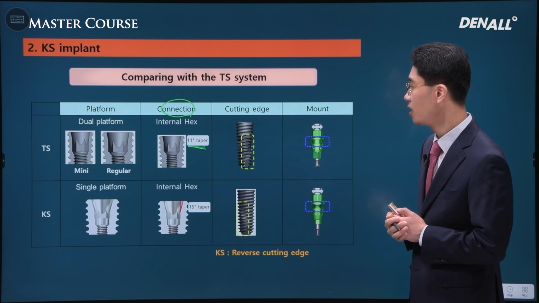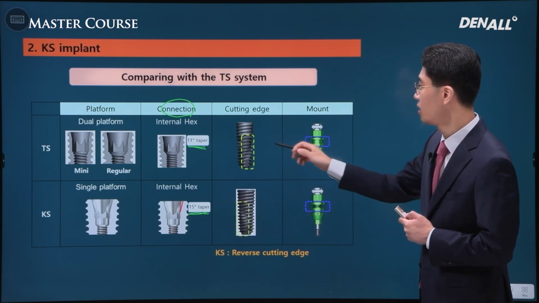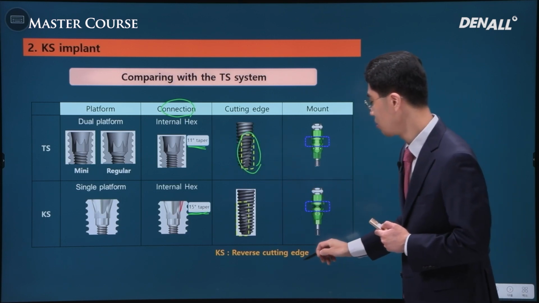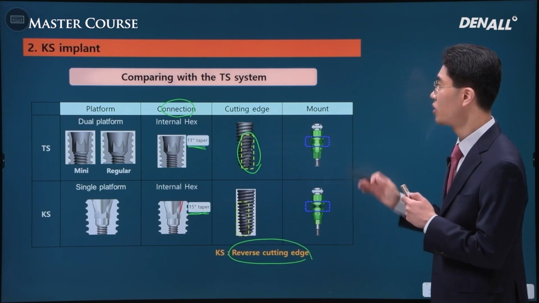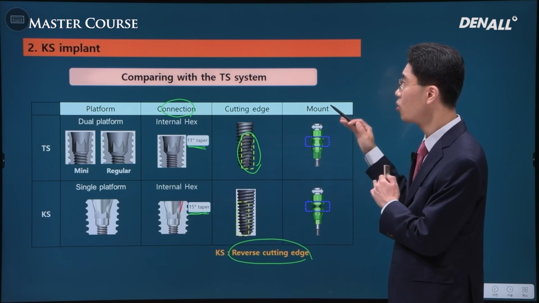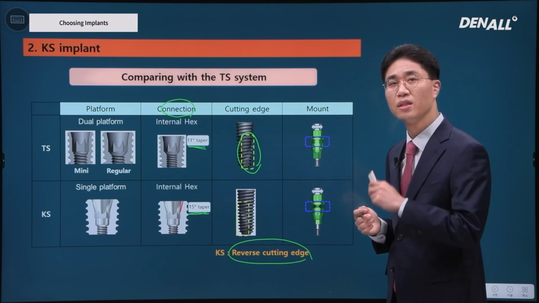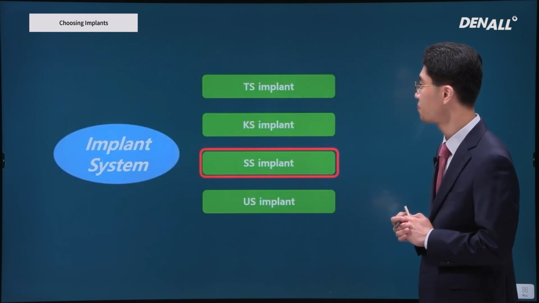In the case of TS, it is 11 degrees and KS, it's 15 degrees. The cutting edge of thread looks different. KS has reverse cutting edge design. There's a slight difference in terms of detail, but KS and TS implants are internal submerged type bone level implants.